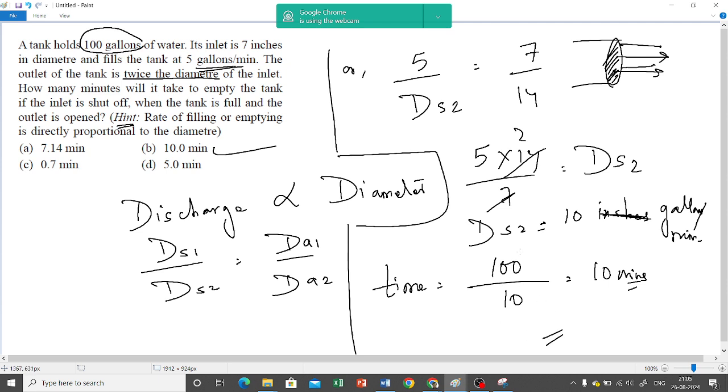The time is 100 gallons divided by the discharge, 10. 100 gallons is the quantity, and 10 is gallons per minute. Per minute means minute goes on the top, gallon gets cancelled out and we get 10 minutes.